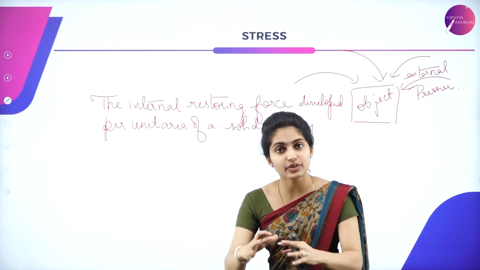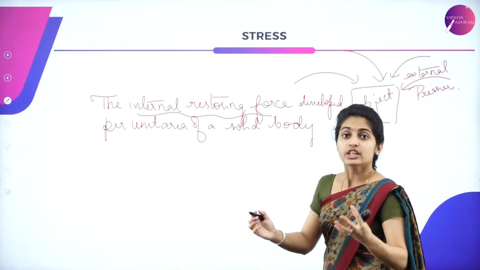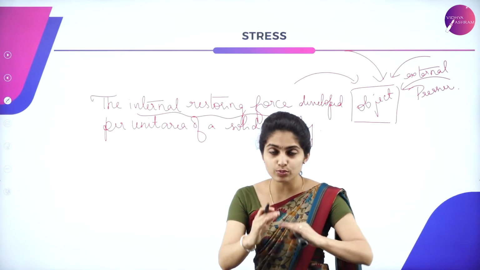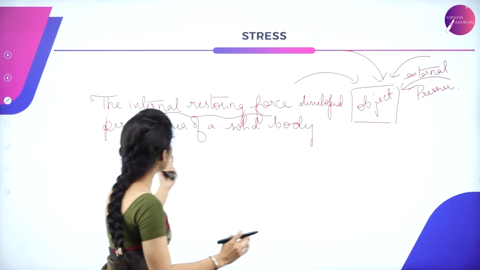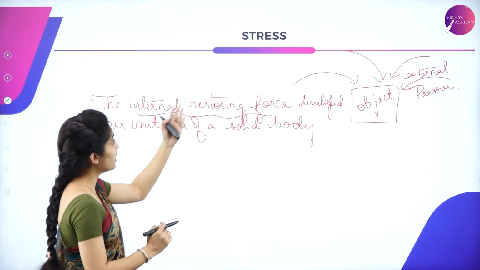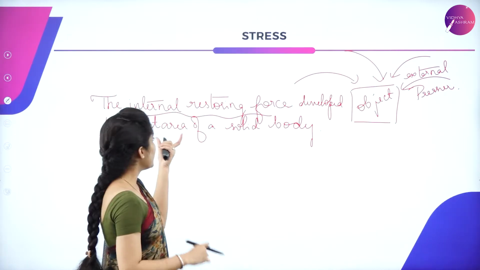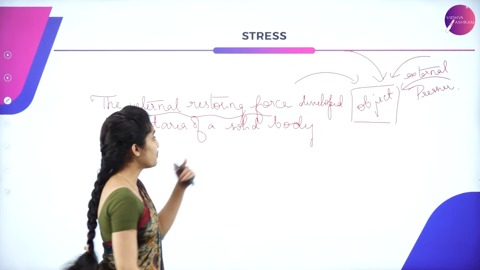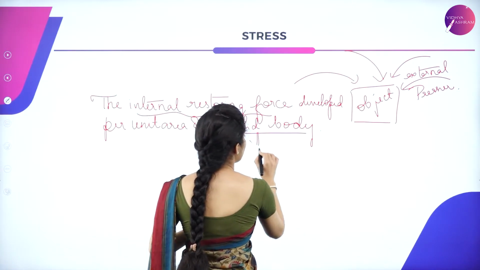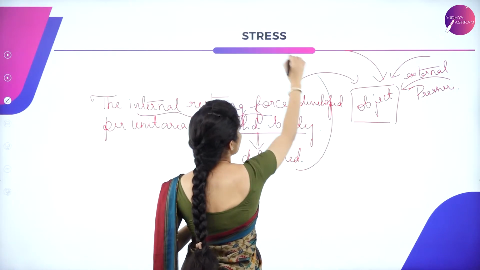That restored force is said to be the internal restoring force. So the internal restoring force developed per unit area of a solid deformed body is said to be the stress.